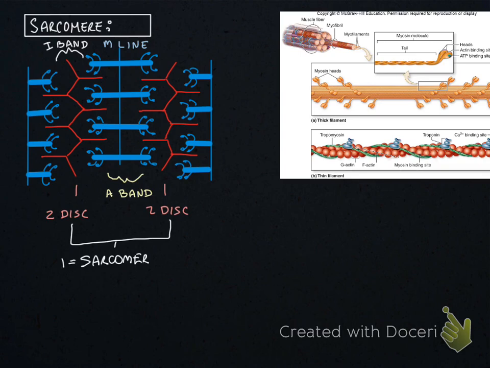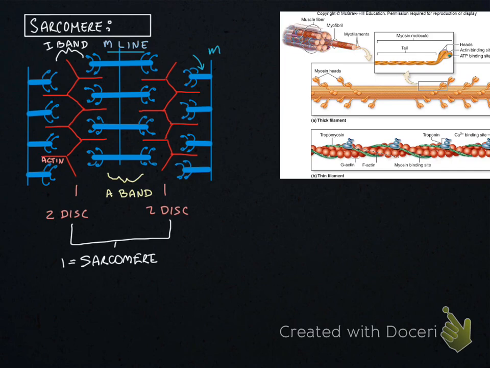But what is a Z-disc? Well, the Z-disc here in red is where actin binds. So all these little actin filaments are stuck to the Z-disc. And then myosin is here in blue, and myosin binds to the M line.